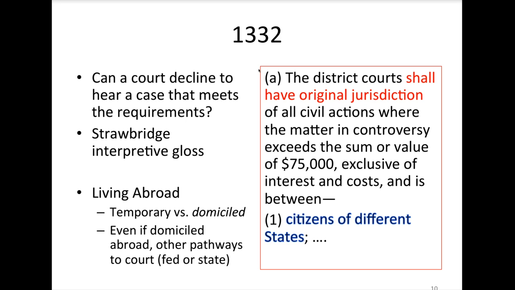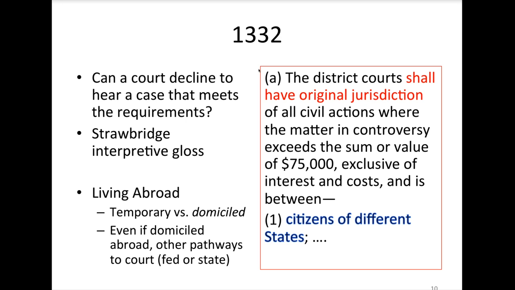The one category that is really confusing under 1332 and doesn't fall under it is U.S. citizens living abroad that are domiciled abroad. Those don't fit because under Mas v. Perry, we know that a U.S. citizen's domicile only applies if they are living in a U.S. state and domiciled there.